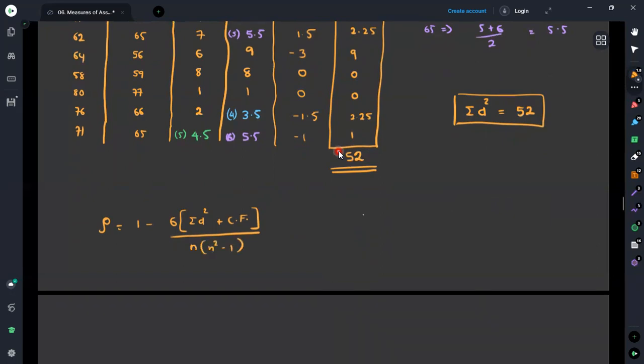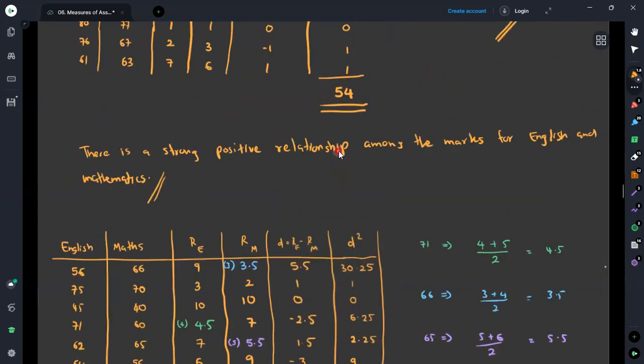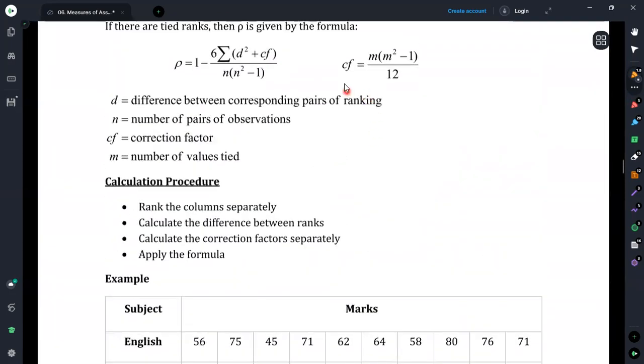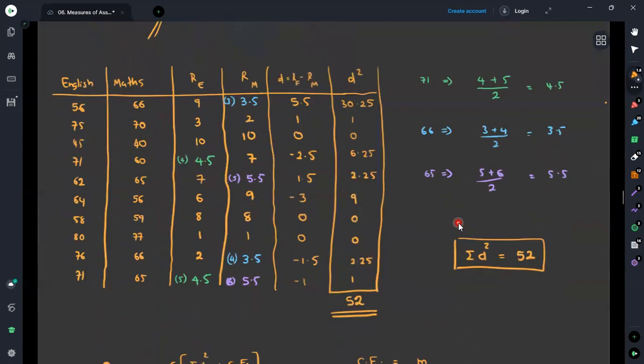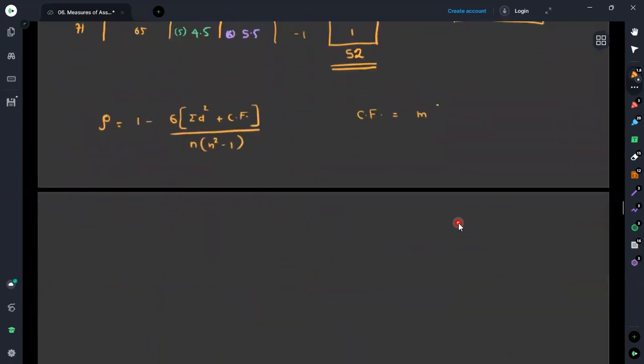We need to construct the correction factors separately. The correction factor here is a combination of all the correction factors we have. The equation for the correction factor is defined as m times m squared minus 1 over 12.